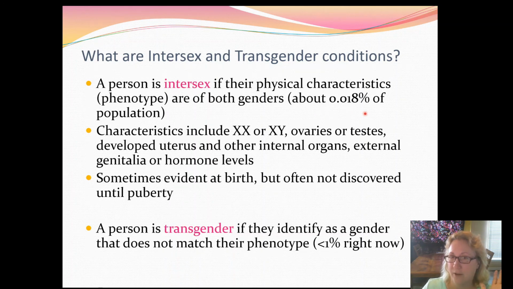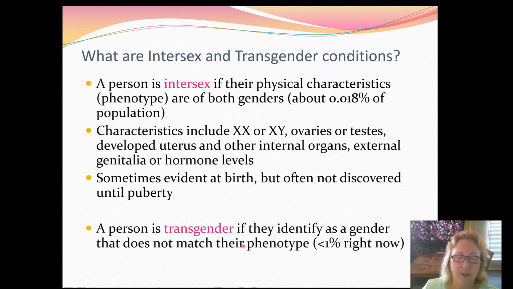And generally now intersex individuals are allowed, because there's no reason for immediate sex assignment or surgery, to grow and develop and then determine for themselves what they want to be, which seems like a much better way of doing things to me.